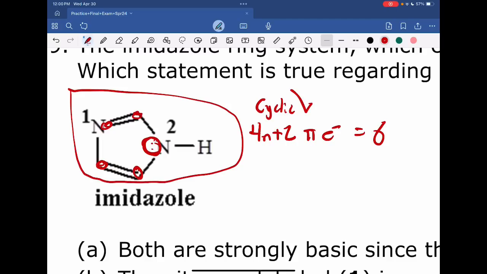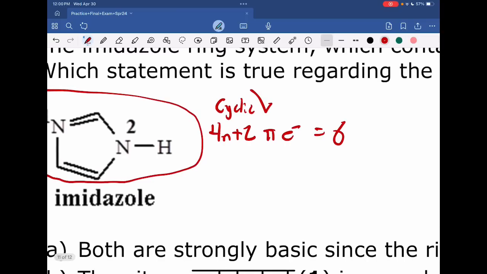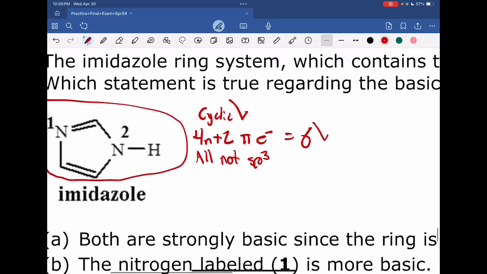This lone pair is unhybridized. It's in a p orbital, and that allows it to participate in the pi system of the ring and make it aromatic. So that's where the molecule is aromatic. And it's all sp2, not sp3, and also I'm missing something. Oh, planar.